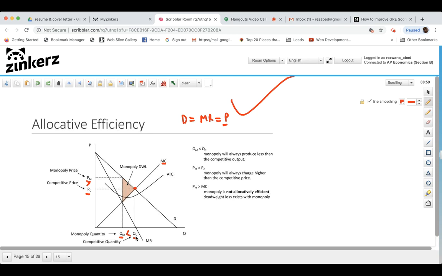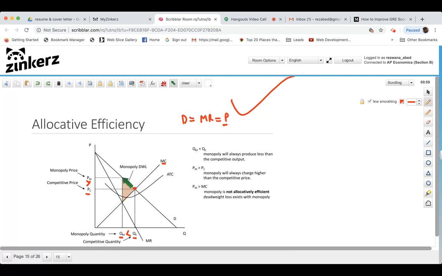And by moving away from this perfectly competitive quantity at QC and perfectly competitive price at PC, they're essentially creating this triangle, which is, once again, from the welfare analysis, this idea of deadweight loss.